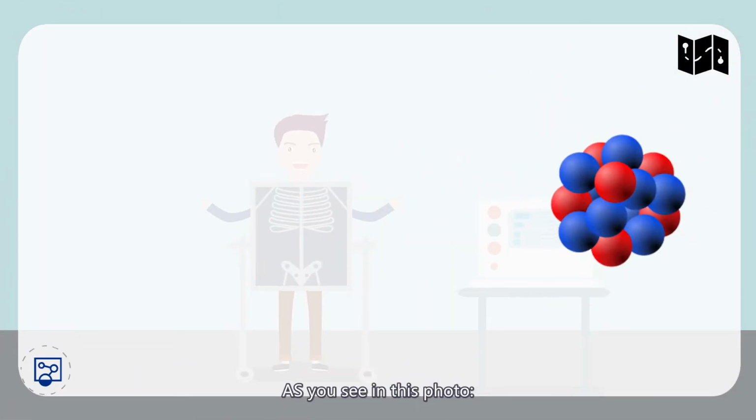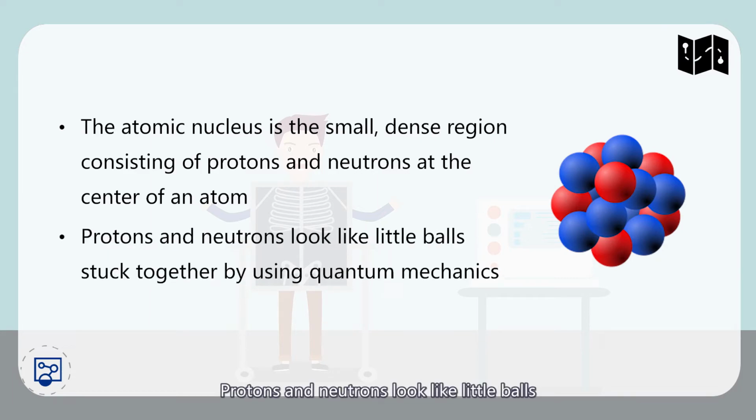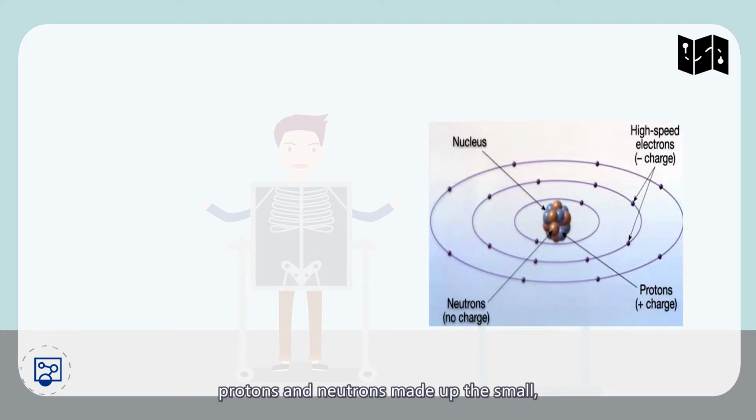As you see in this photo, the atomic nucleus is the small, dense region consisting of protons and neutrons at the center of the atom. Protons and neutrons look like little balls. They are stacked together by quantum mechanics. Protons and neutrons make up the small, dense nucleus of the atom.